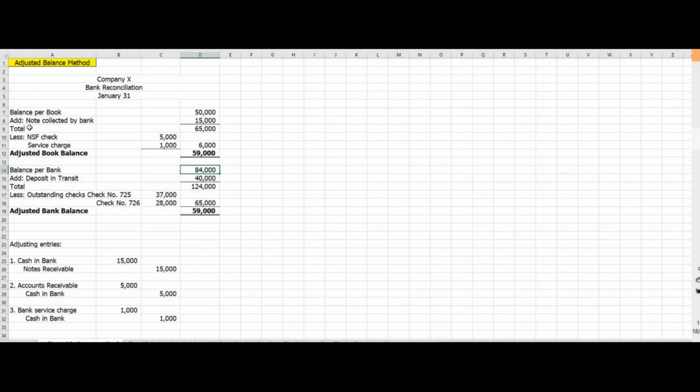So, since alam mo na yung mga book reconciling items tsaka yung bank reconciling items, no, mas madali na lang kapag gumawa ka ng book to bank or bank to book method. Kasi alam mo, example, pag book to bank method, so you would know that book reconciling items are treated in the same manner just like dito sa adjusted balance method. Tapos, yung bank reconciling items, yun yung i-reverse.